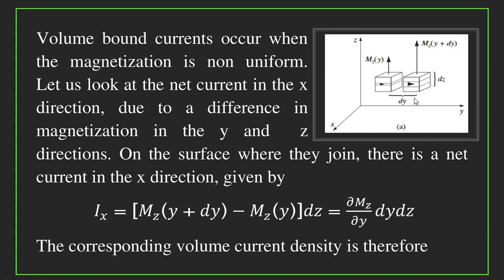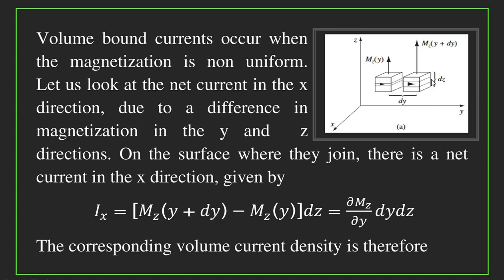Therefore, along the x direction, the current passing towards the x direction is Mz of y plus dy into the width of that one, that is dz.